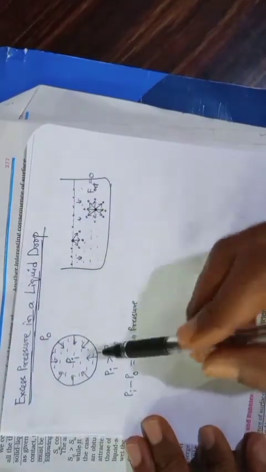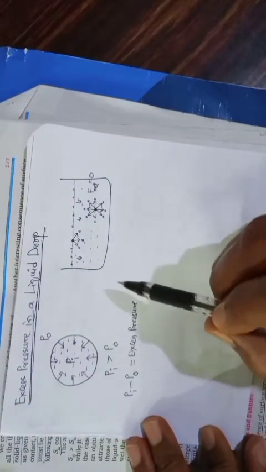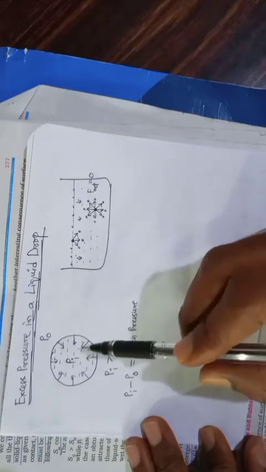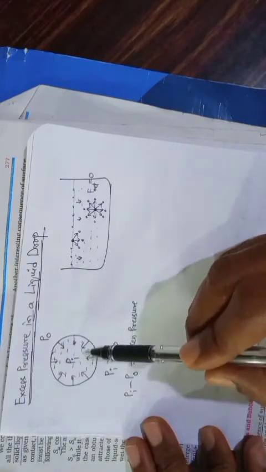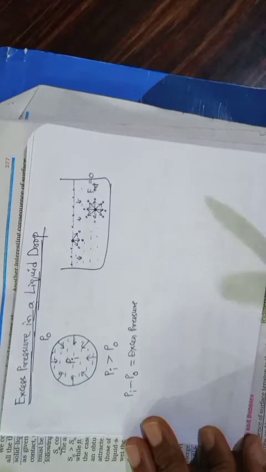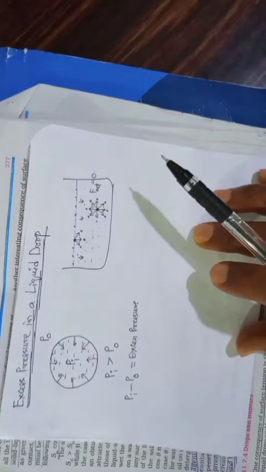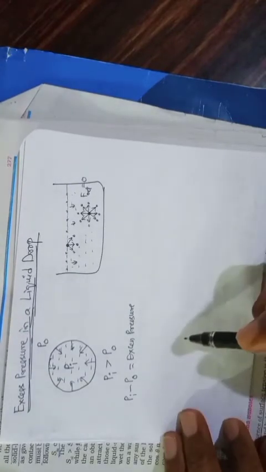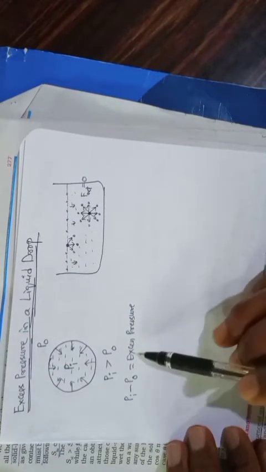So this leads to more. Because of this, the pressure inside becomes more compared to outside pressure. Now we have to derive an expression for excess pressure in case of a liquid drop.